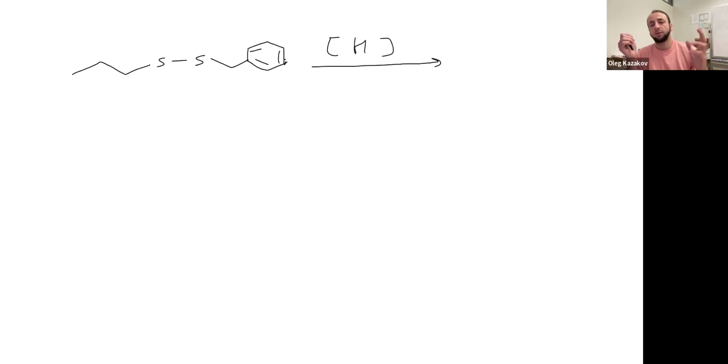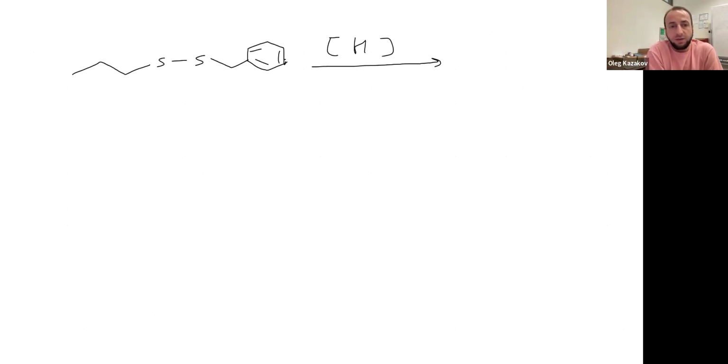Here we're not going to change the number of oxygens, so it's going to be 0, 0. But as we will see later, we are going to increase the number of hydrogen atoms indeed. So this means that we will undergo the reduction process as far as this molecule is concerned.